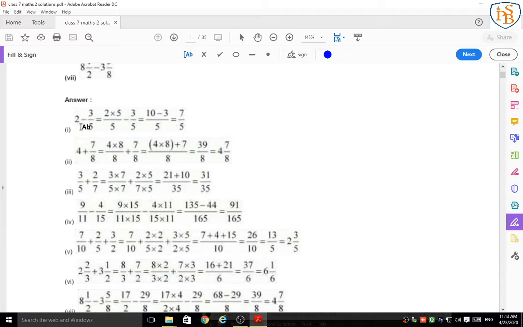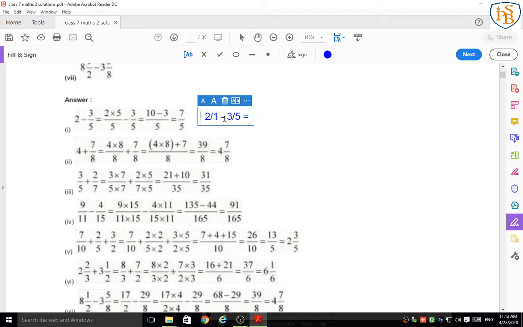Now we are going to equalize the denominators. 2 has a denominator 1, and the other fraction they give us is 3 upon 5. How can we solve this? The denominators are different, so we have to find the LCM to equalize them, and the LCM of 1 and 5 is 5.